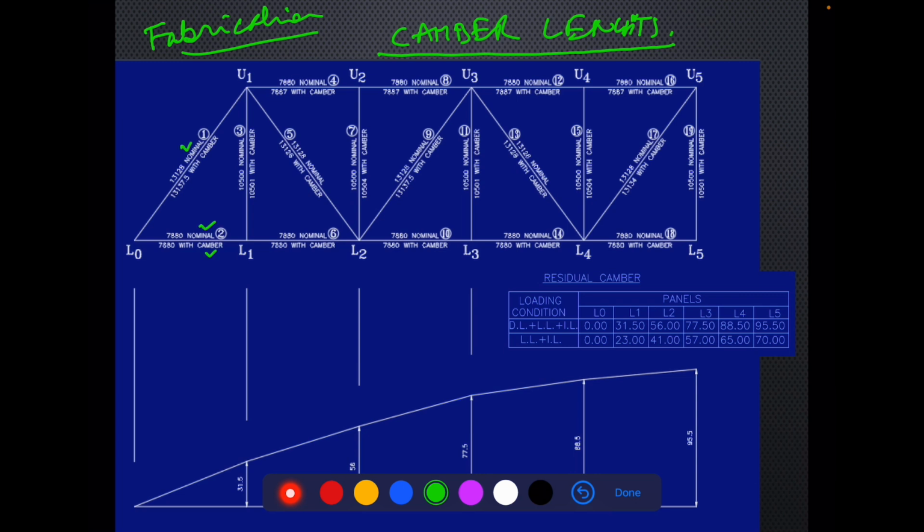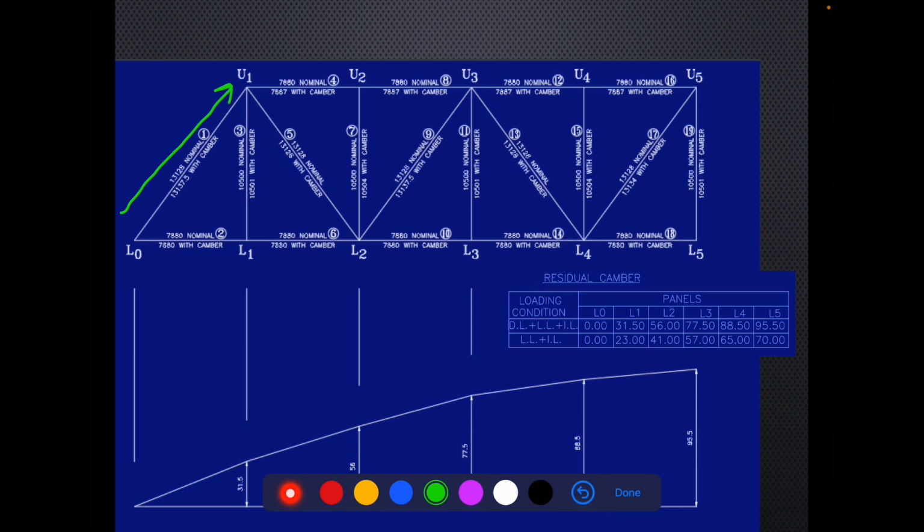If we talk about member L0 U1, the nominal length is 13128 and the cambered length is 13137.5.